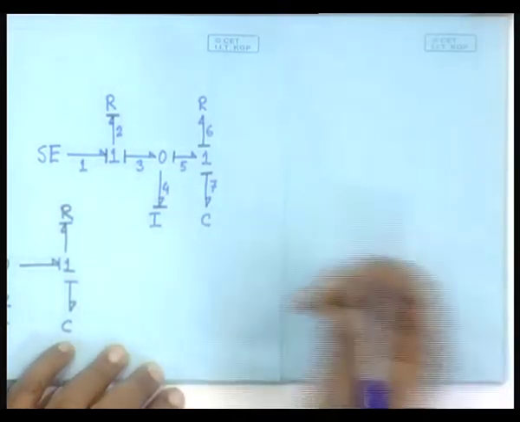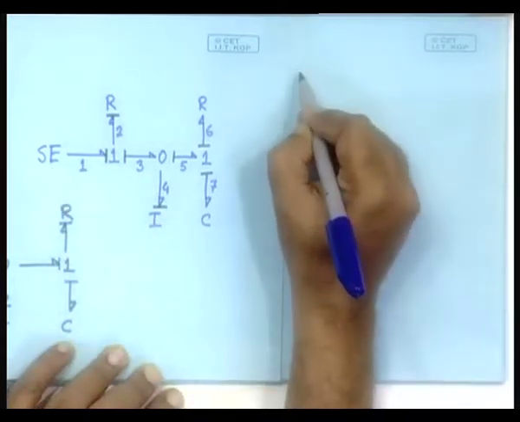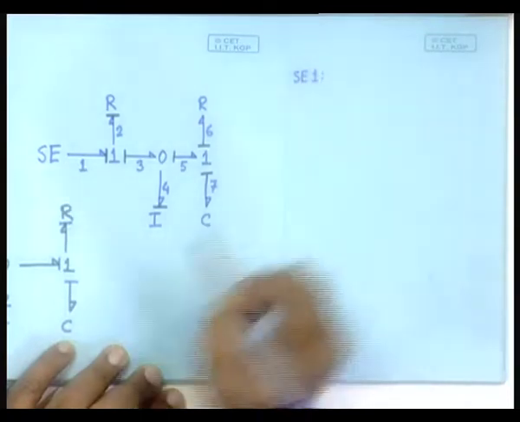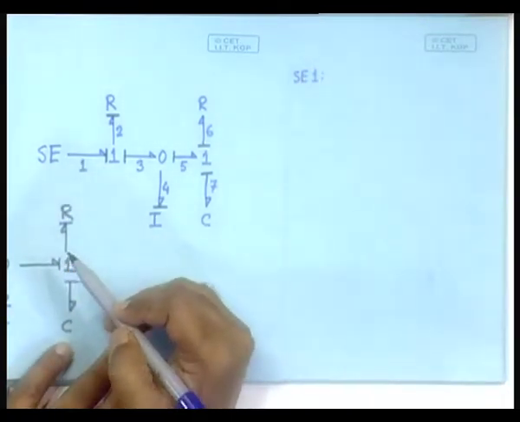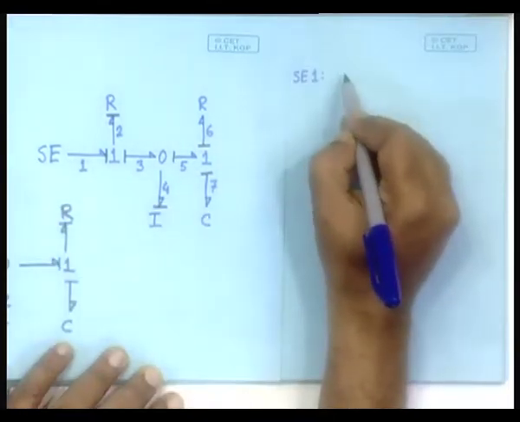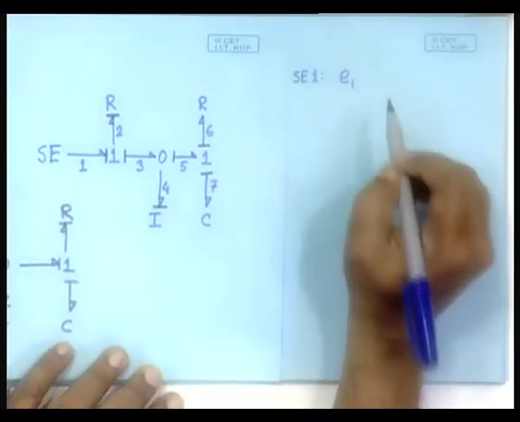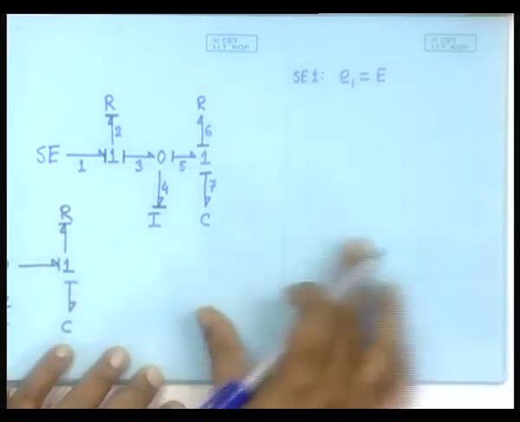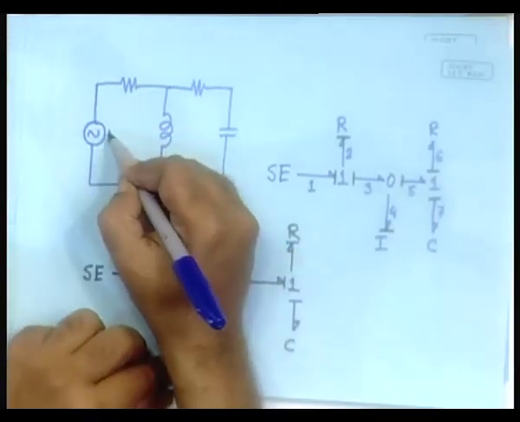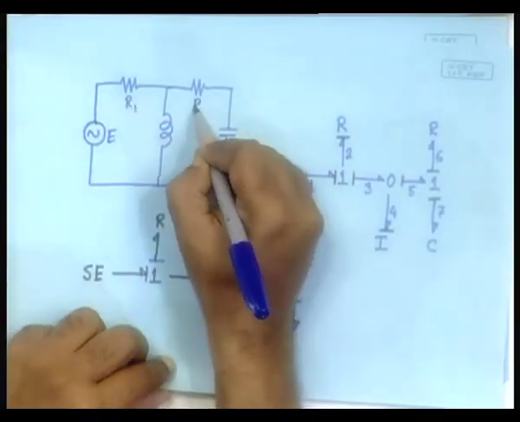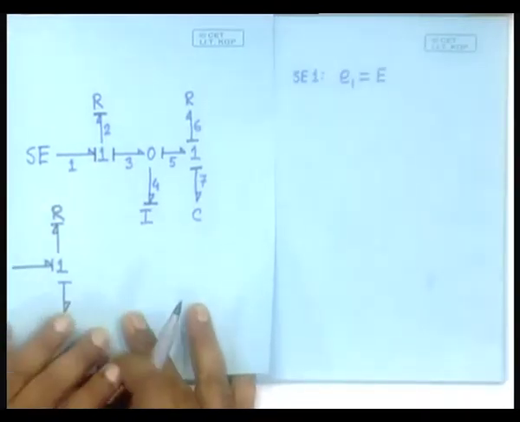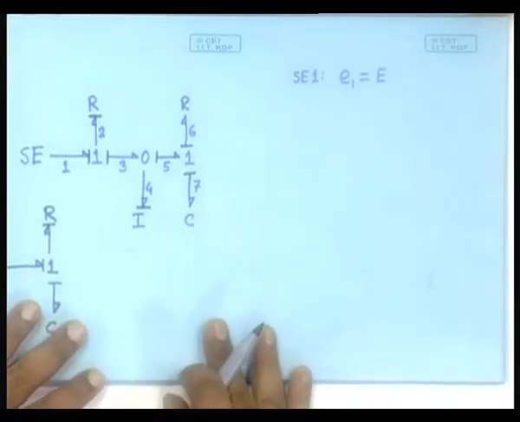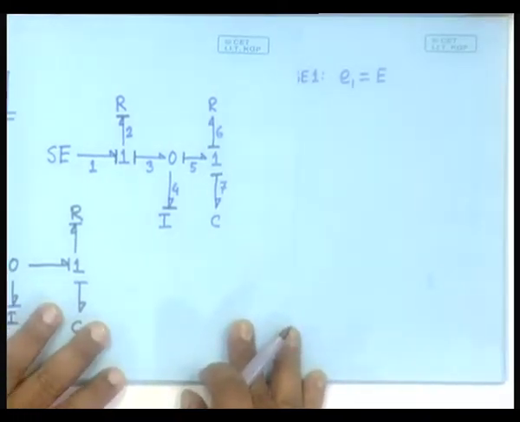The answer to that question with respect to the AC element, SE1, would be, what does it give to the system? E. So, E1 is equal to E. Okay.